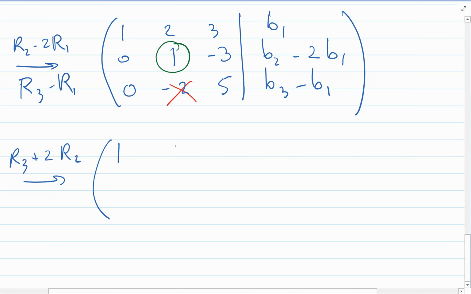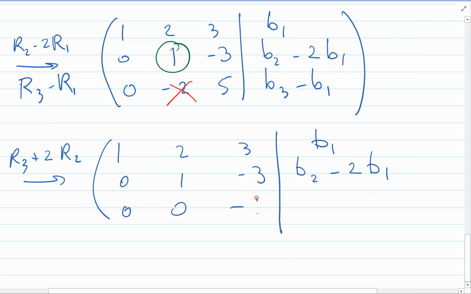So we keep the first row, 1, 2, and 3, b1, 0, 1, minus 3, b2 minus 2b1. And finally, we get 0, minus 2 plus 2 is 0, 5 minus 6 is minus 1. And then we get b3 minus b1 plus 2 times b2 minus 2b1, which is b2 minus 4b1 now.